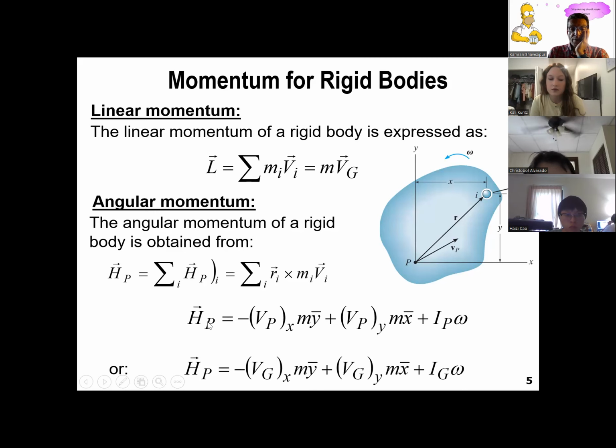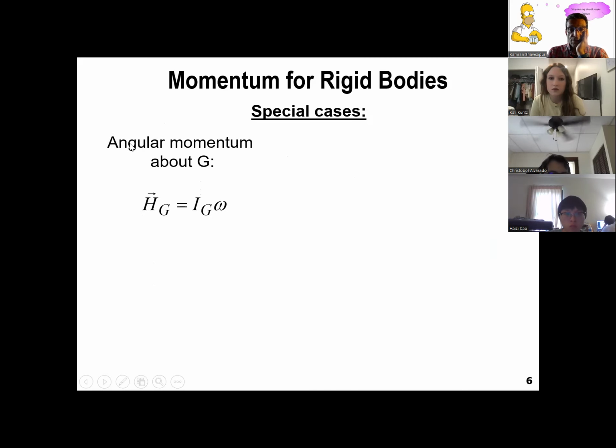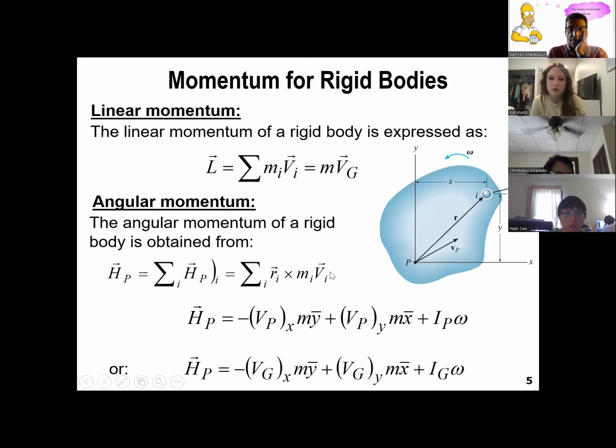And also if point P is a fixed point, what happens? So if I put point P on G, let's go back here. If P and G are the same, this becomes H about G. Everything else is G. Ybar and xbar will be 0, right? Because xbar and ybar are the distance of P from G. And if there's no distance, then they're going to be 0.